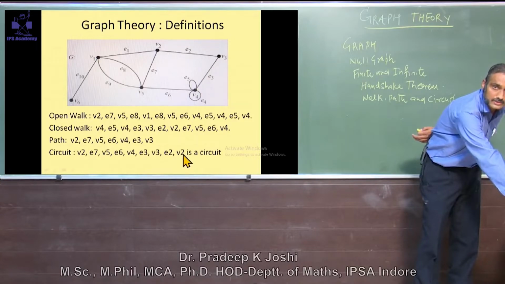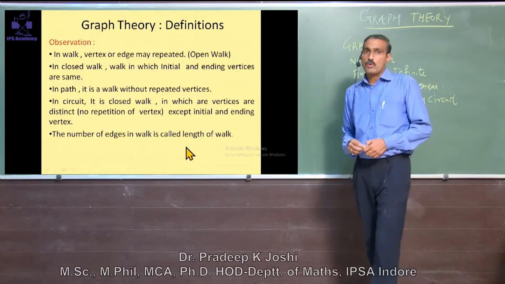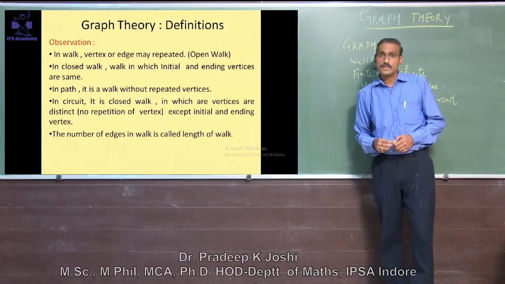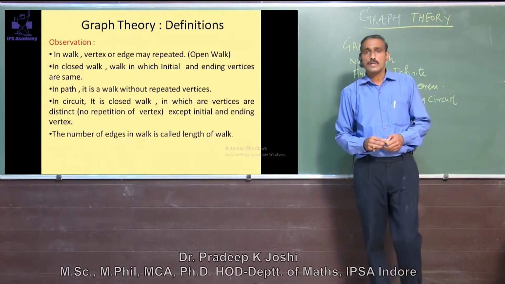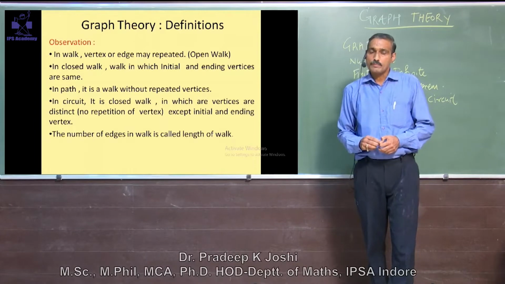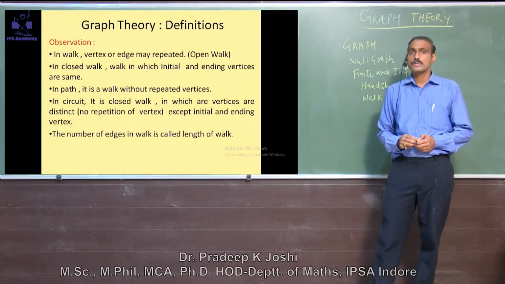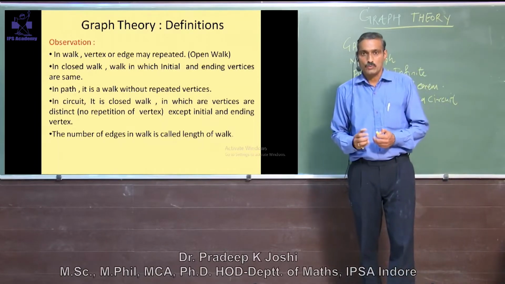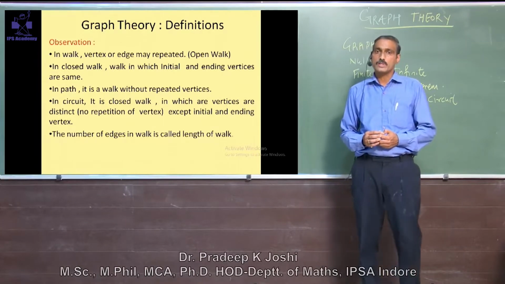Some observations about walk, path, and circuit. In a walk, vertices or edges may be repeated. This is an open walk. In a closed walk, the initial and ending vertex are the same. A path is a walk without repeated vertices. A circuit is a closed walk in which vertices are distinct, with no repetition except the initial and ending vertex.